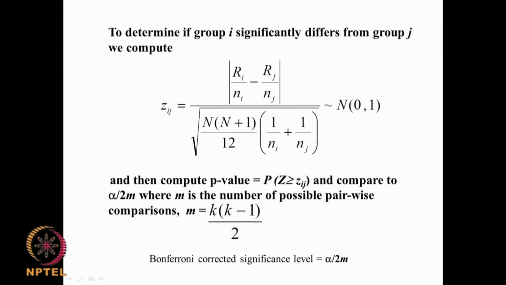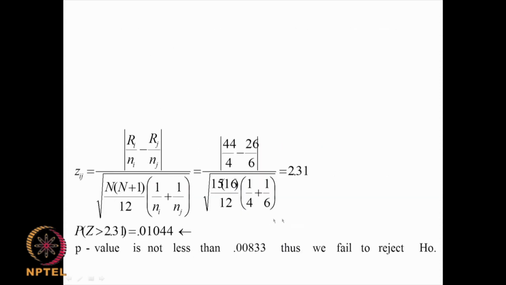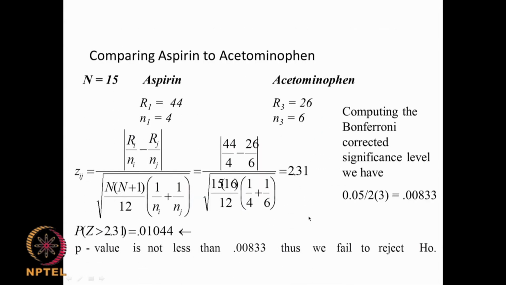Here we have 3 drugs, so k becomes 3 and k minus 1 becomes 2. If you put them together, the Bonferroni corrected significance level is 0.00833, and the statistic you get is 0.01044. So this is much larger than that, and there is no reason for you to reject the null hypothesis. Do you understand how this is done?